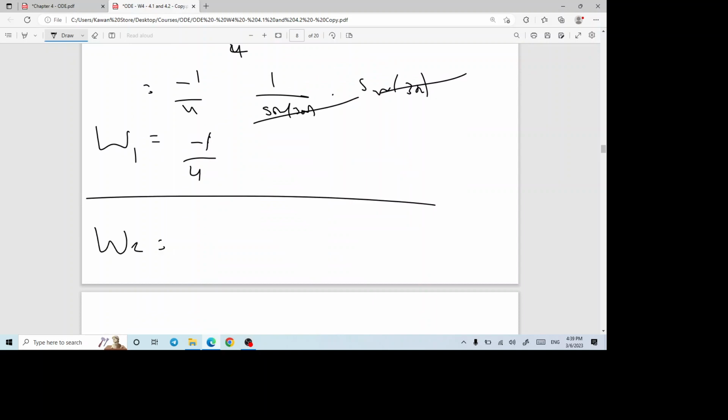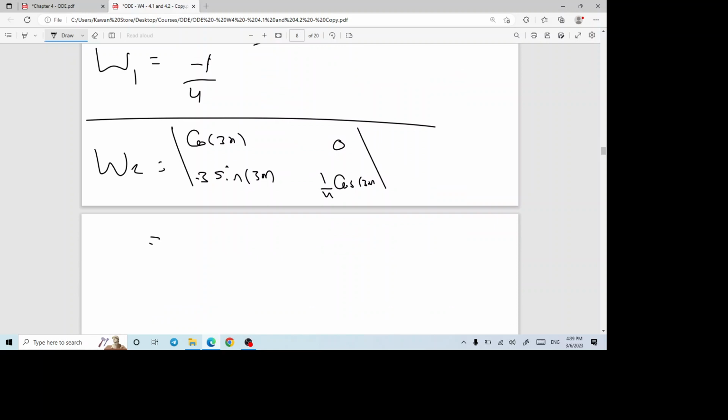How about W2? We have cosine 3x, minus 3 sine 3x, 0 and 1 over 4 cosecant 3x. Am I right? Multiply, you'll get, sorry, this is not cosine, cosecant. I'll get 1 over 4 cosine 3x times cosecant 3x.